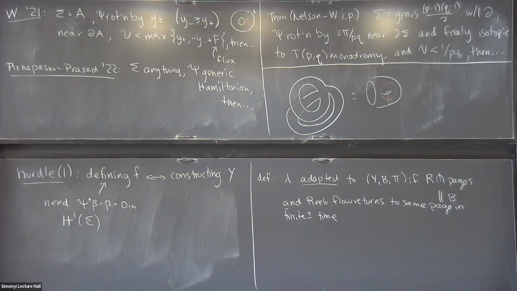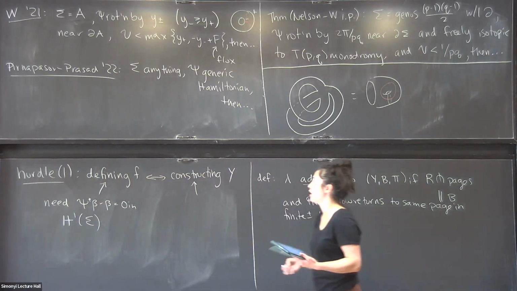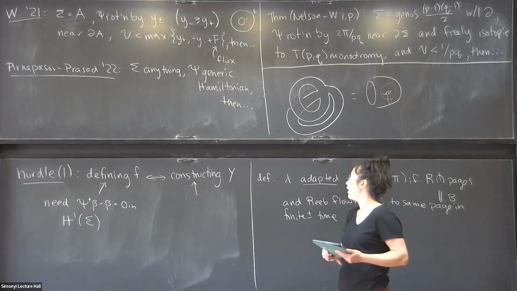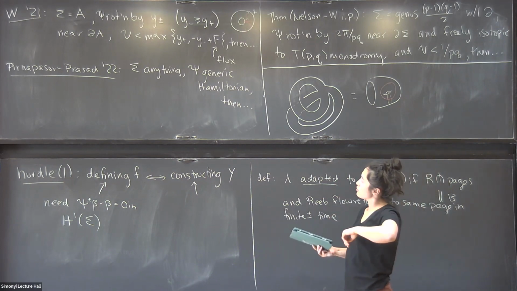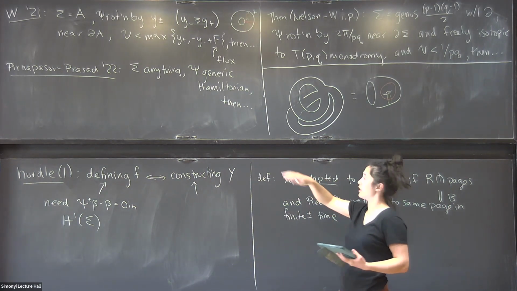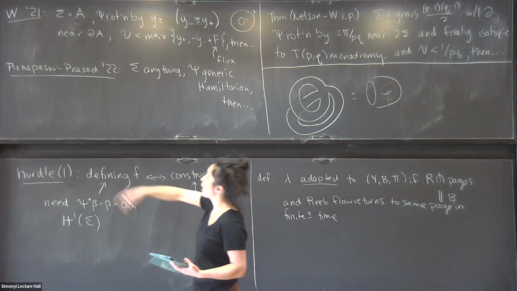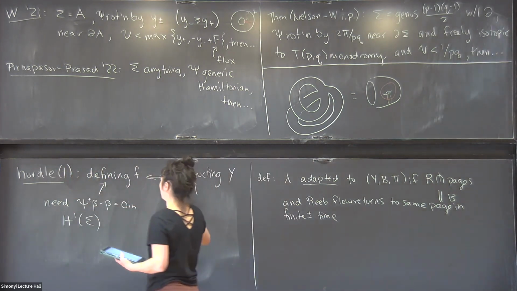And to construct Y, there's this nice paper of Colin, Honda, and Laudenbach, called On the Flux of Pseudo-Anosov Homeomorphisms, where they construct something that can't be the return map of a Reeb flow. So they construct a map that you can't do this construction for. And the key condition is the same thing.